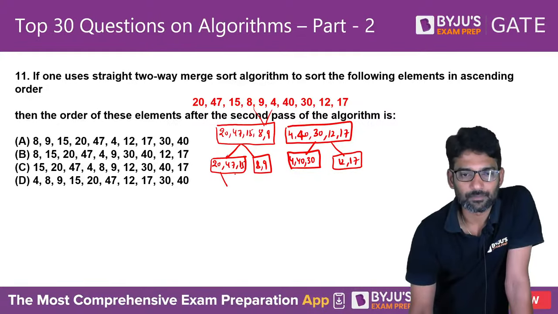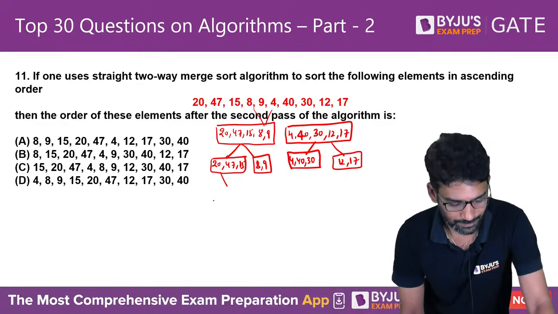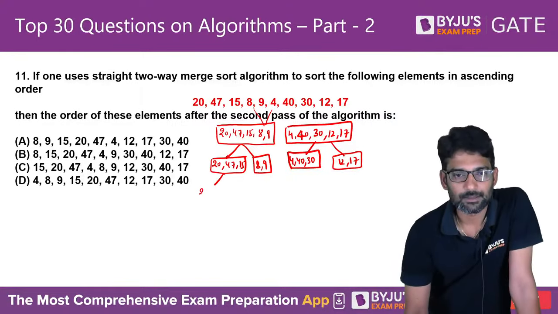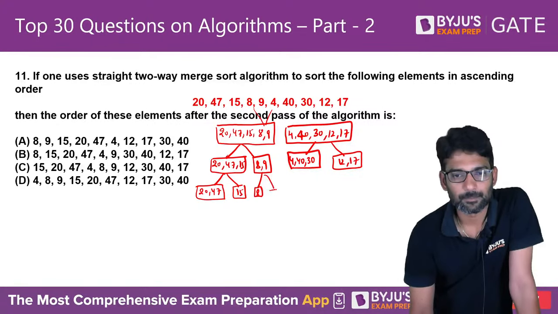Then these are divided as 20, 47, 15. Here 8, 9. Similarly, 4, 40, 30. 12, 17.